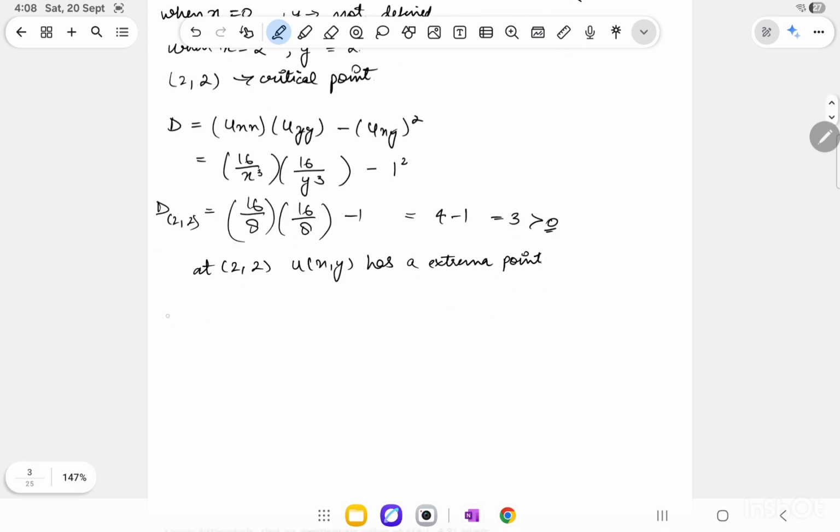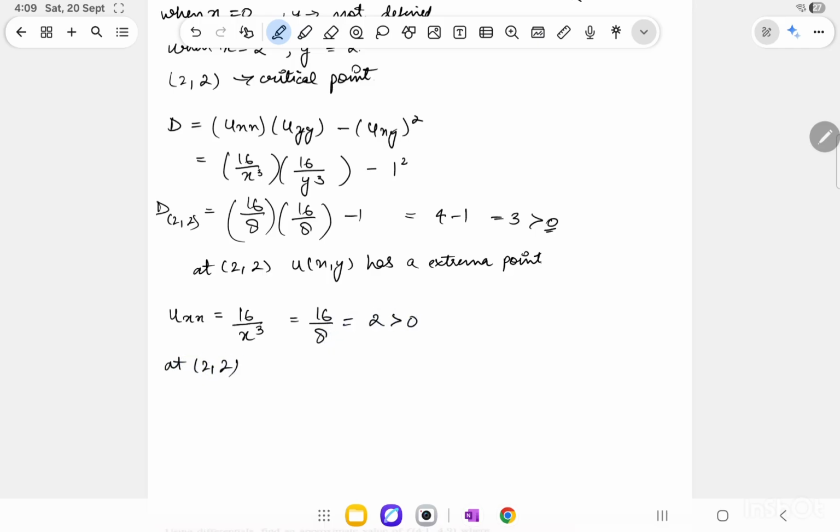Now let's check whether it is a maxima or minima. So let's resort to the double derivative of u with respect to x, that is basically 16 by x cube, and at 2 comma 2 it is basically 16 by 8, that is 2, which is greater than 0.